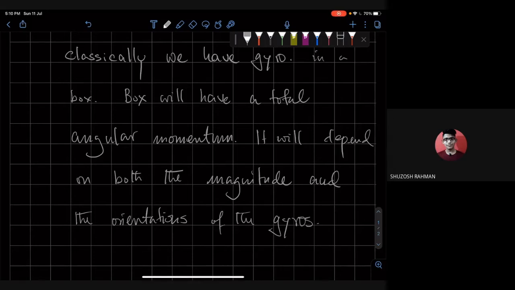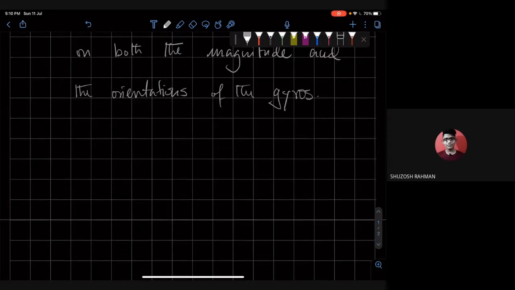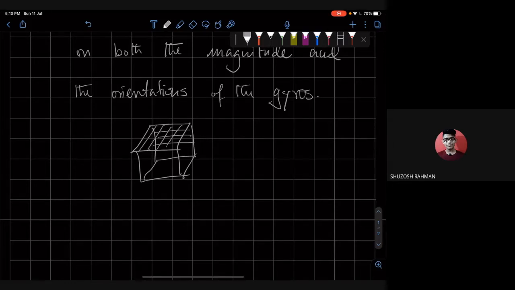Yes, sir. Okay. So, if I give you a black box and I tell you to determine whether this has angular momentum or not, so you don't know what's inside, what do you think? Would you be able to tell?